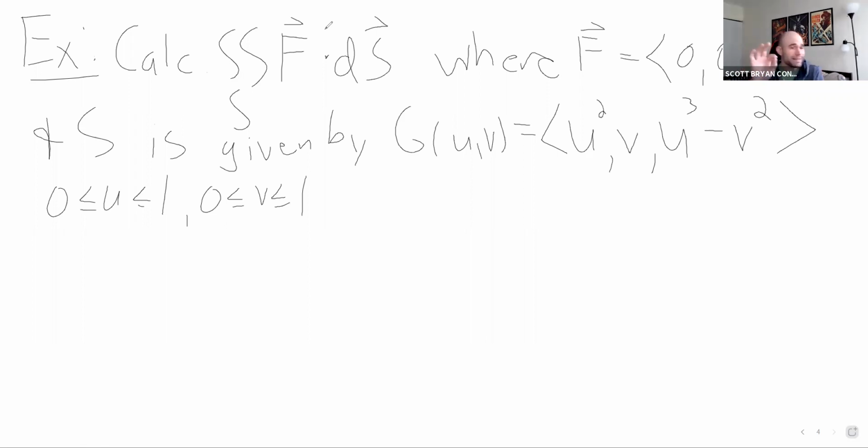Okay, not done yet, because we need to specify what the orientation on our surface is. So we say, in this problem, this has the upward orientation.